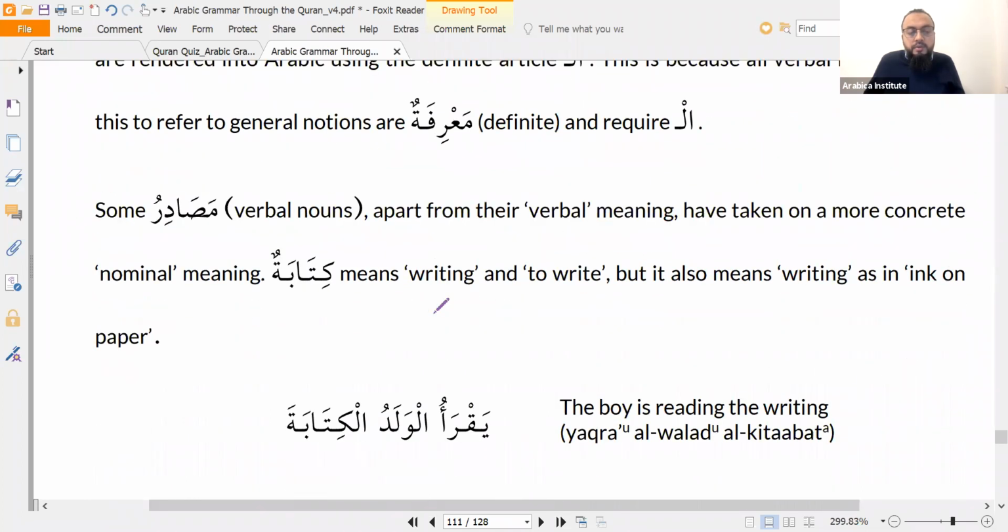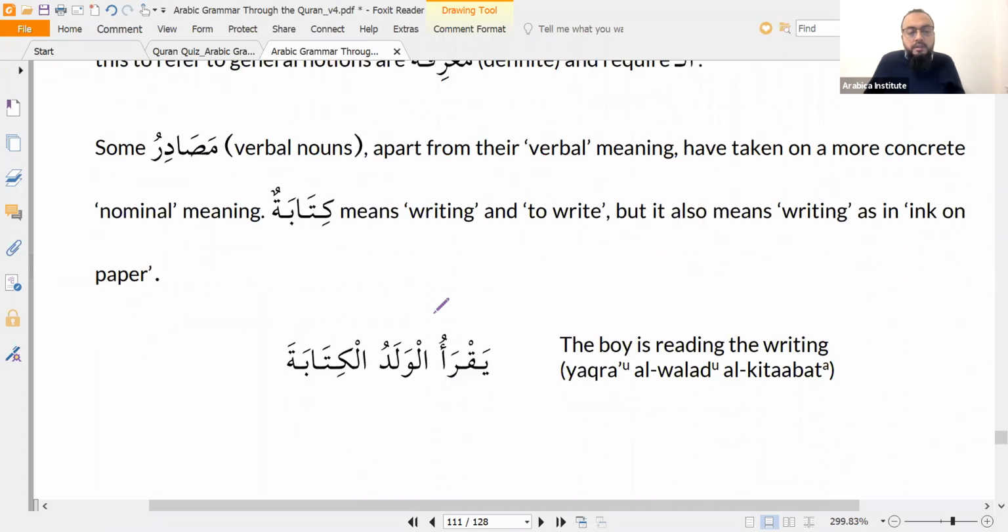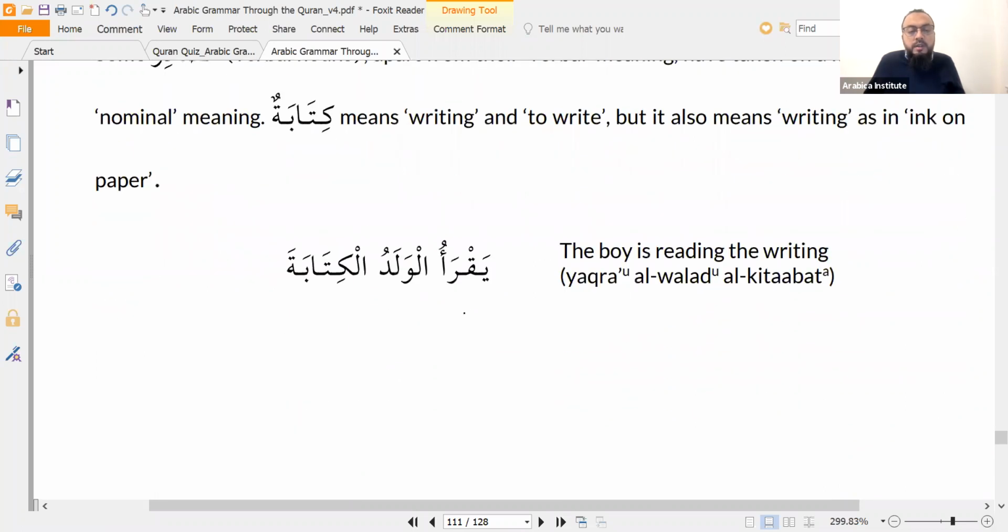All right. So referring to this concretization of the verbal noun, this happens quite a lot actually. So when I say yaqra'ul waladul kitabata, the boy is reading the writing. Is he reading the concept of writing, or is he reading some physical writing like ink on paper? Physical writing? Ink on paper. That's right.